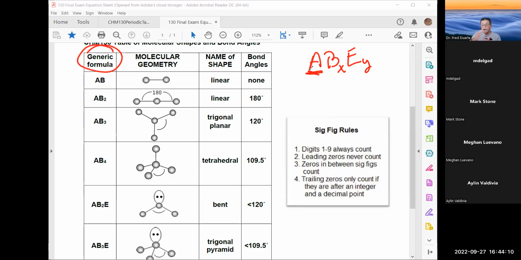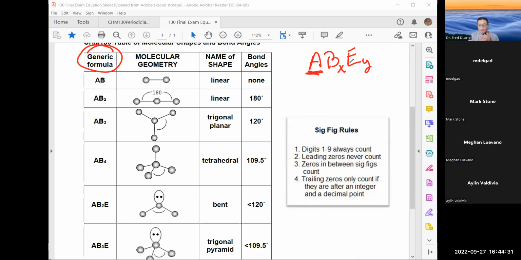Then whatever follows after the central atom is bonded to the central atom, and that is represented by the letter B. In the subscript X, it could be 1 element or 4 elements, depending on the compound, anywhere in between.